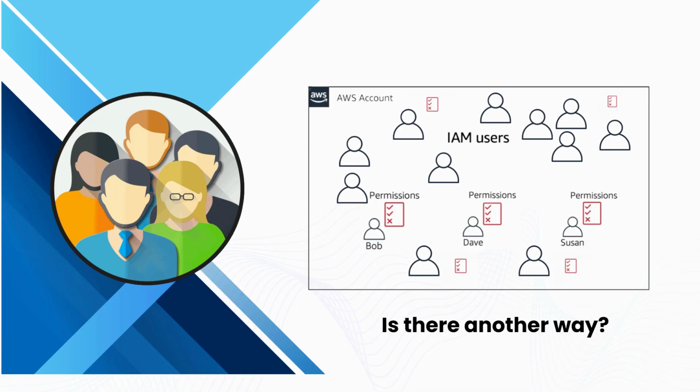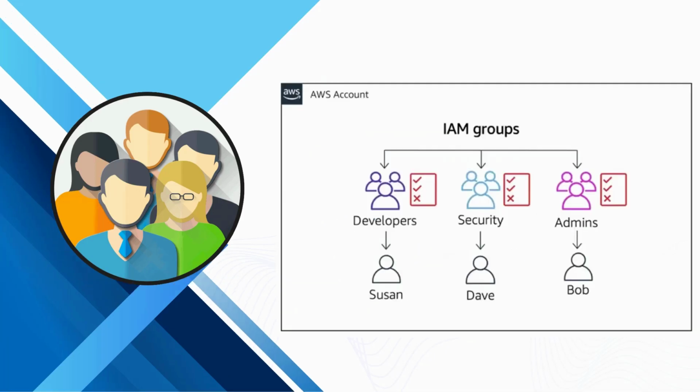If only there were another way to group IAM users and attach permissions at the group level instead. Guess what? There is, and it's called IAM groups. So what's an IAM group?